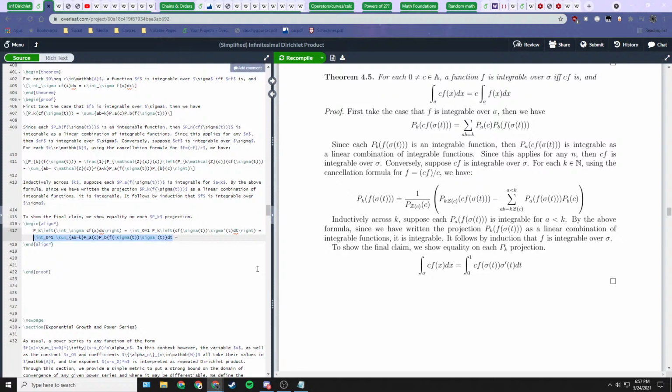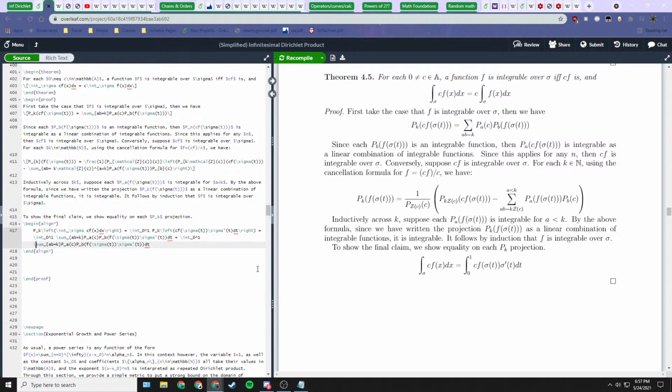And then we can use linearity. So we just pull out this summation, and then we just have these projections.